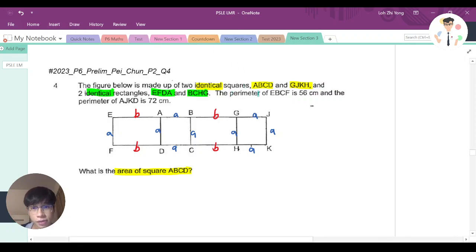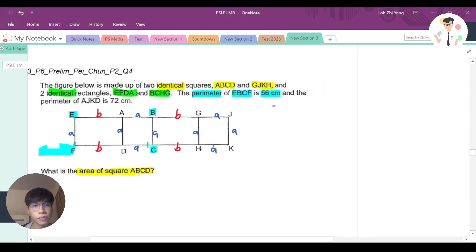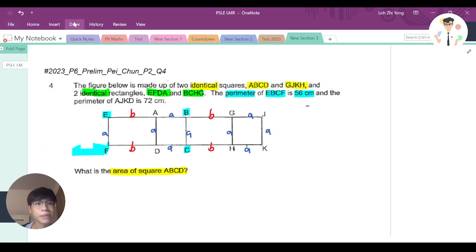Now let's look at here. The perimeter of EBCH is 56 cm. EBCH. Oops. EBCH means that it's up to here. Okay, let me just quickly highlight. EBCH is up to here. So, means that this 56 cm includes 1, 2, 3, 4, 5, 6. 6 things.